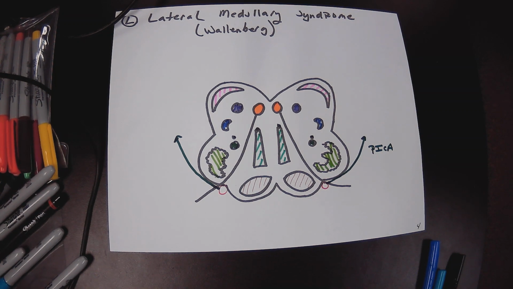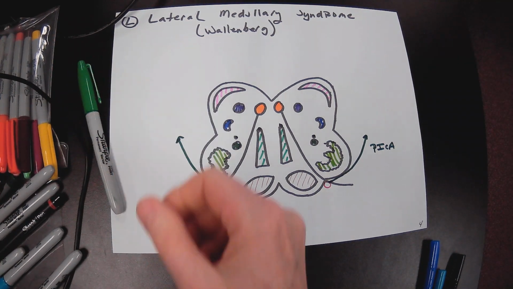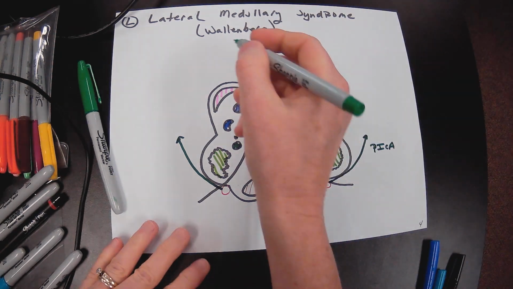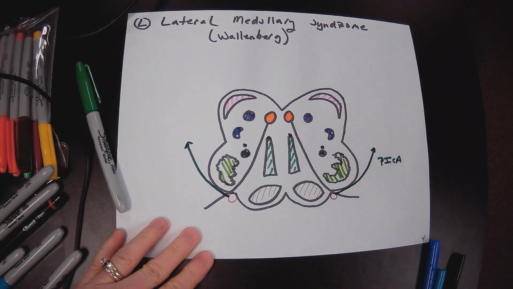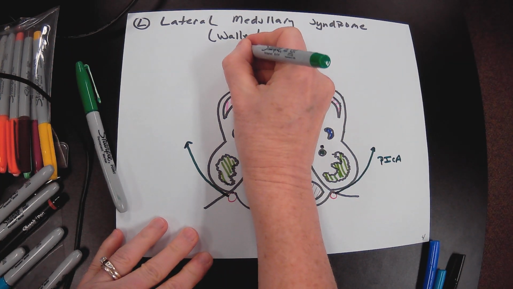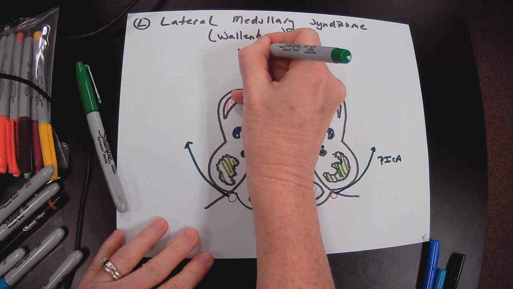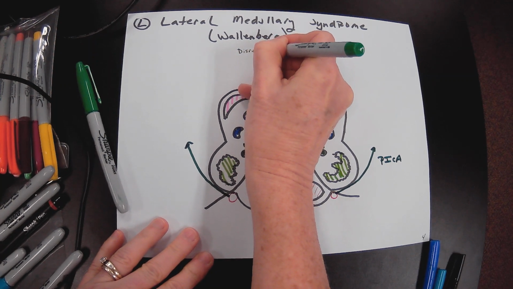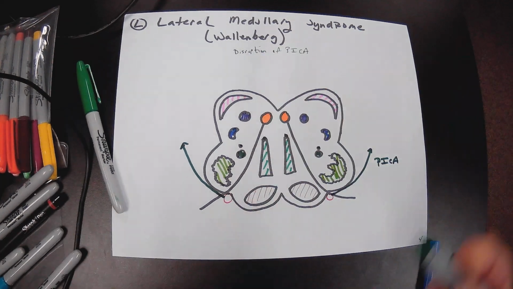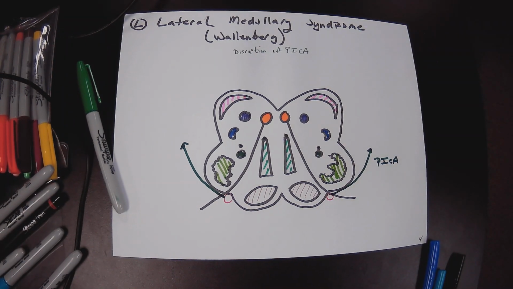So lateral medullary syndrome is a disruption of PICA. And here we're looking at left lateral medullary, so we're going to look at the left side. Okay.